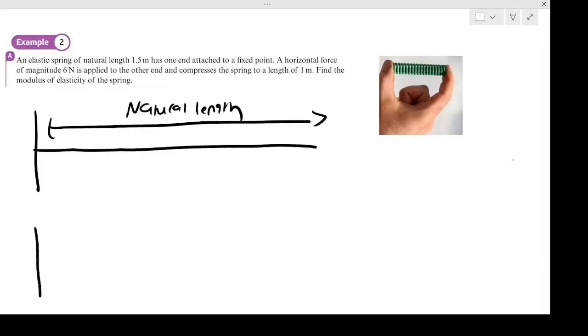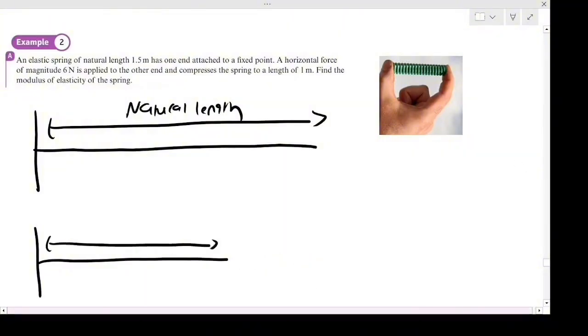But now there's a force of 6 newtons compressing it. So it's going to shorten the spring. And so you can see it's compressed and shortened the spring. So now this is my total length, and there's my compression bit which is missing.